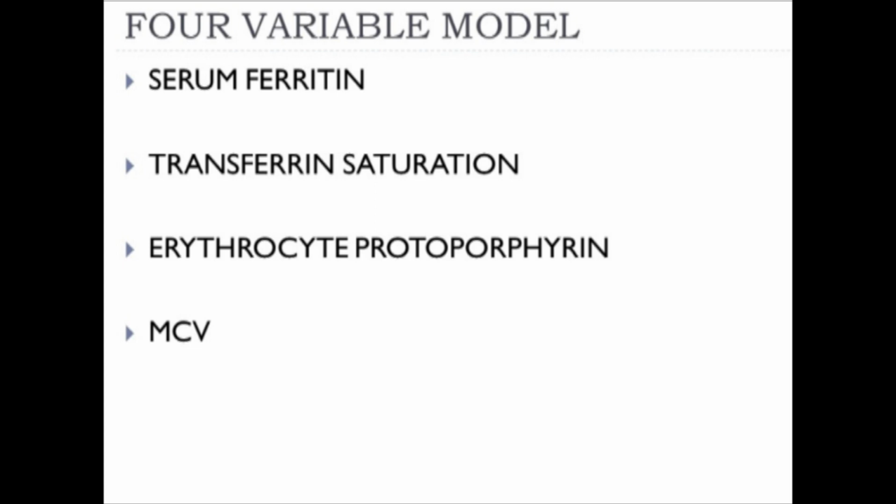But if the transferrin saturation is low, the erythrocyte protoporphyrin is high, the serum ferritin is low and the MCV is low, then the hematologist or physician can conclude that this actually is an iron deficiency anemia.